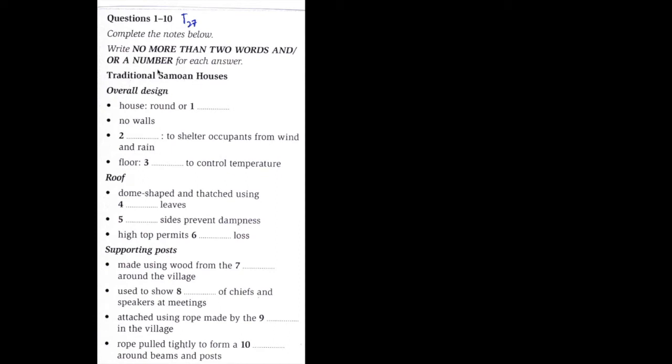There is this overview about traditional Samoan houses, and the lady in this audio will first talk about the overall design, the roof, and then eventually the supporting posts. You tell them that sometimes in section 4 the answers might be given too long, meaning between numbers there could be a long discussion or a long lull, and sometimes students might feel that they might have lost the answers already, or perhaps they should be in another part of the listening test.